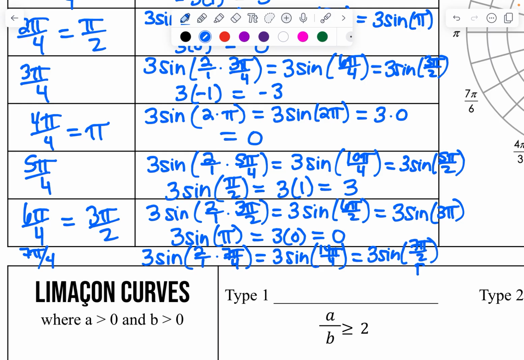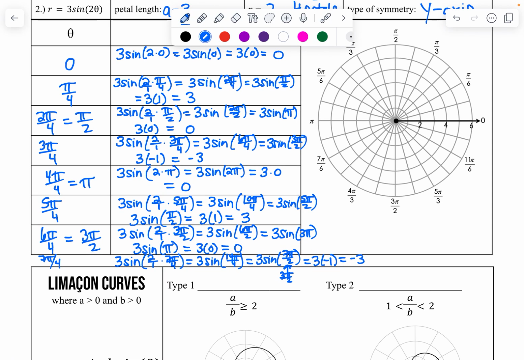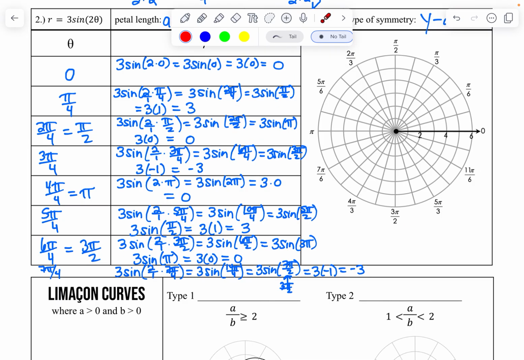But if I subtract 4 pi over 2, that's the same as 3 pi over 2. And we know the sine there is negative 1. So we'd be back at the negative 3. So we can see the pattern: 0 to 3 to 0 to negative 3 to 0 to 3 to 0 to negative 3 to 0 to 3, and so on.